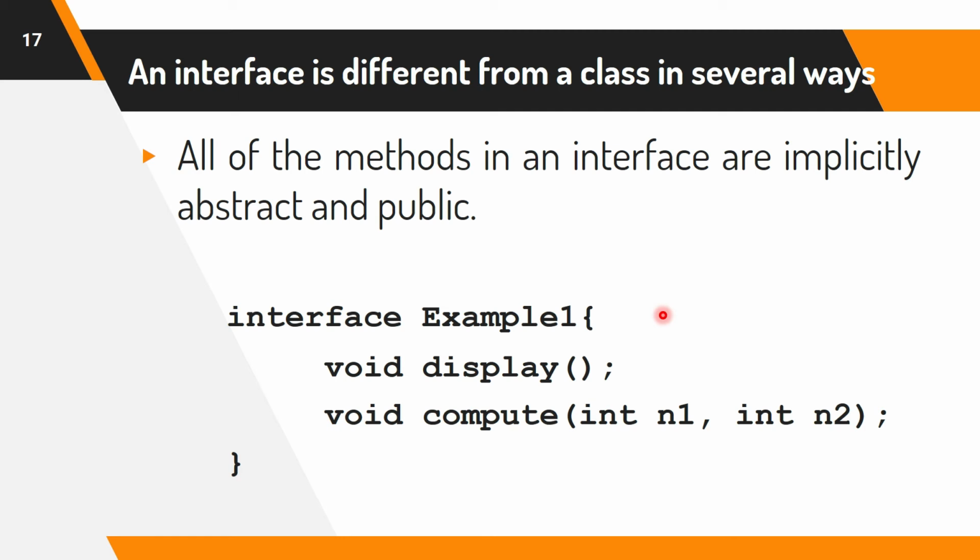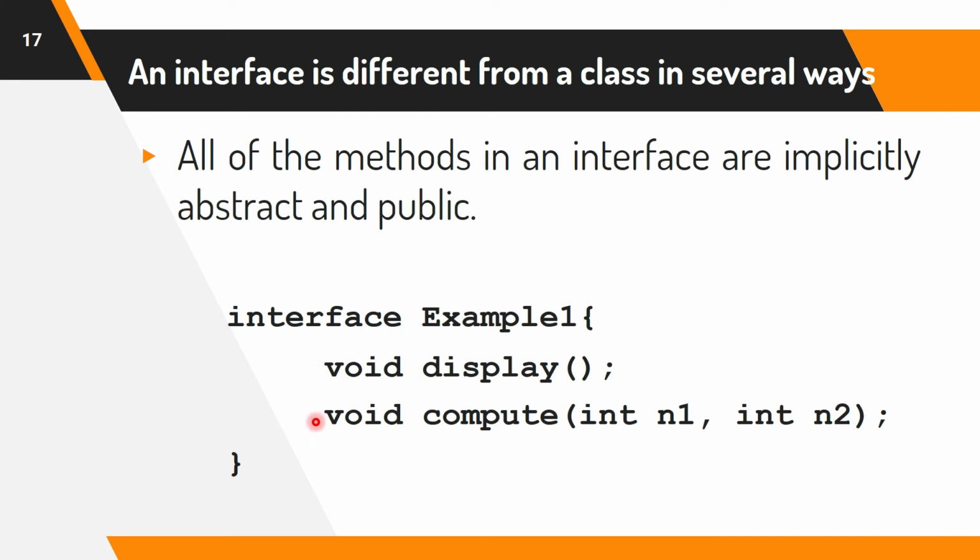So how does it differ from the abstract method? Actually, they have the same function. But in terms of declaration, the abstract method should be declared inside the abstract class and with the presence of the abstract keyword. But if you declare a method inside an interface, it is automatically abstract already and public.